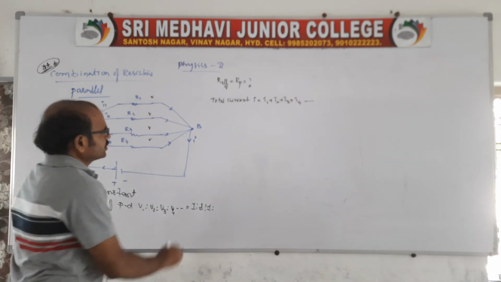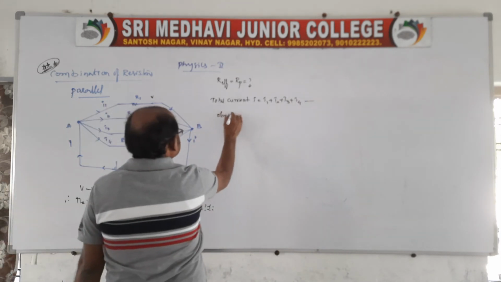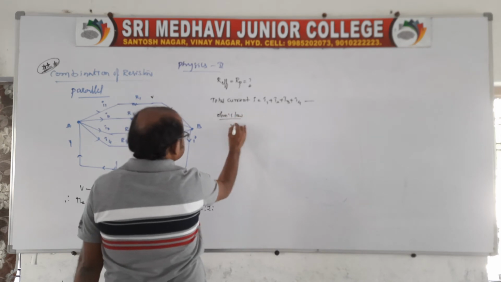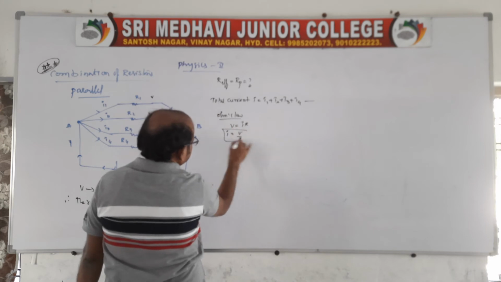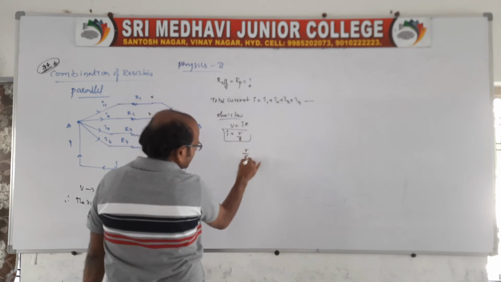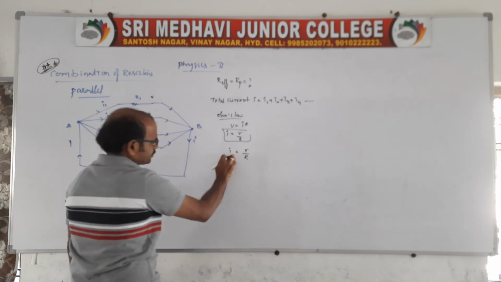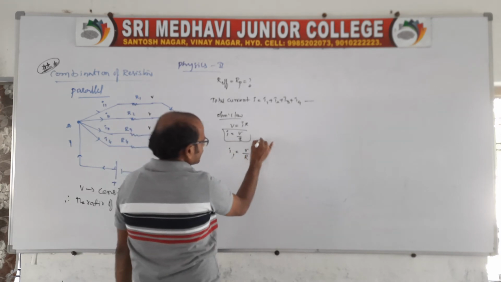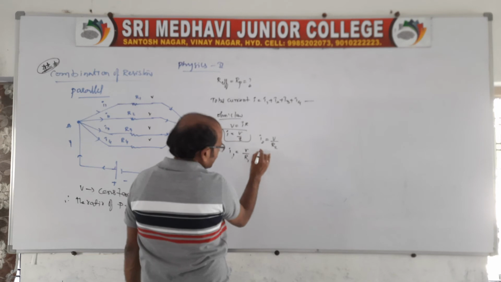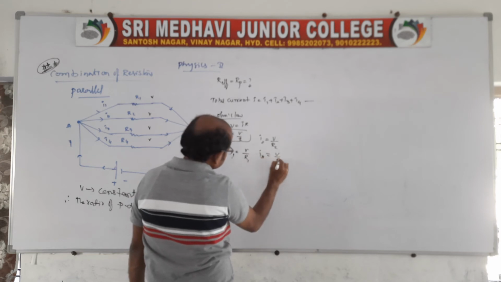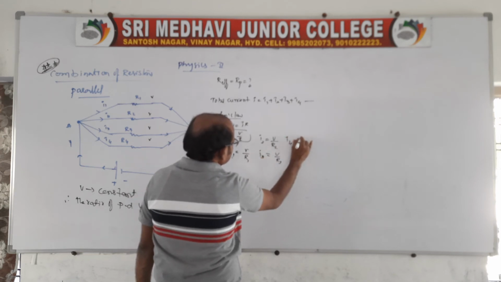According to Ohm's law, V is equal to IR, so I is equal to V by R. I1 is V by R1, I2 is V by R2, I3 is V by R3, and I4 is V by R4 and so on.